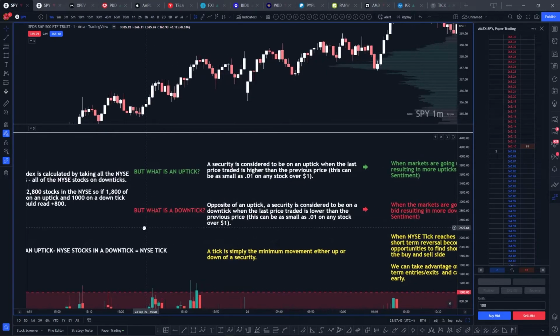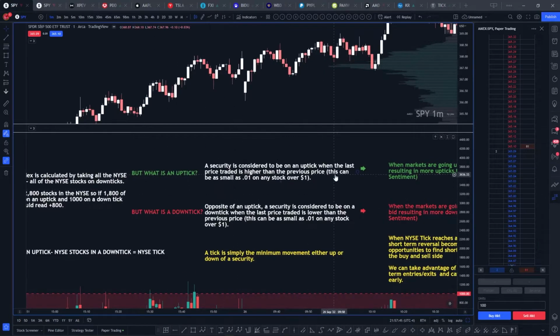So an uptick is any price movement that's pushing up a cent on a stock that's over $1. So it could be $100, it could be 1 cent, but any movement that's pushing higher is going to be considered an uptick.